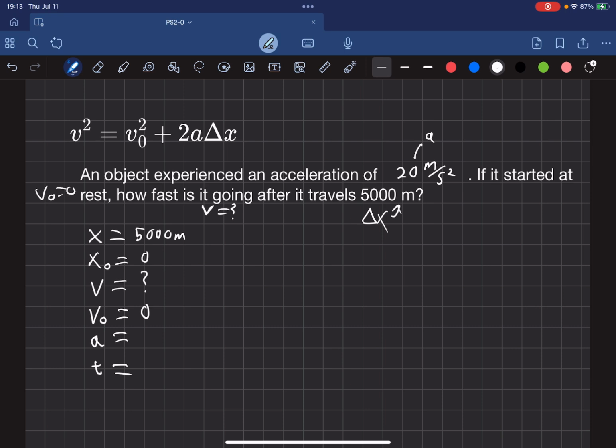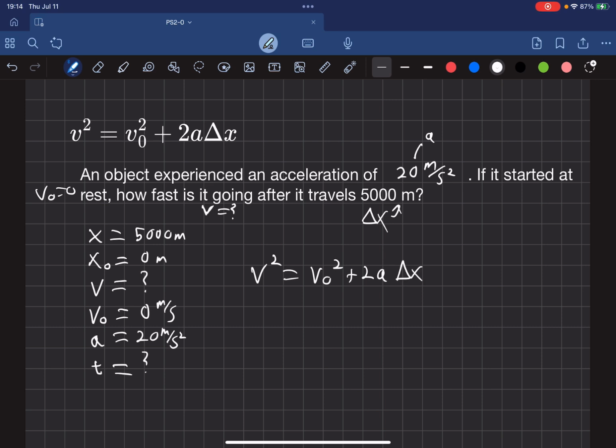Initial velocity is 0 meters per second. And acceleration was 20 meters per second squared. And we were not given time, nor are we trying to find time. That is your big clue that we should use this velocity squared equation. We have initial and final velocities and no time. Velocity squared equals initial velocity squared plus 2 times acceleration times the change in position.